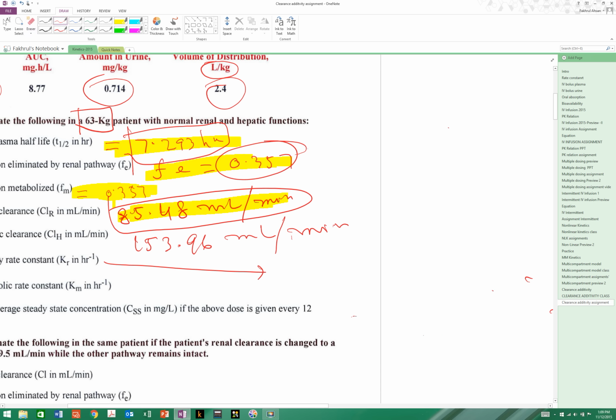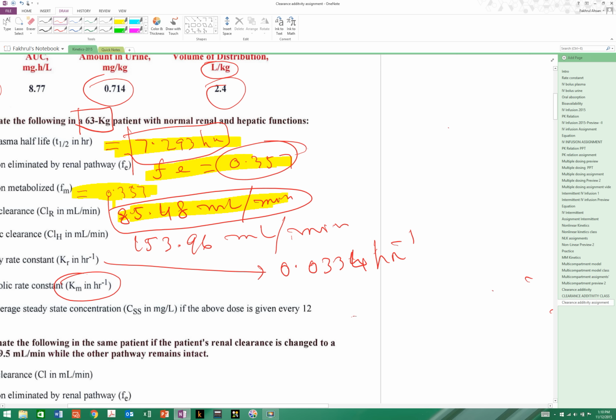This urinary rate constant would be 0.0334, and then the elimination constant Km we just subtract.